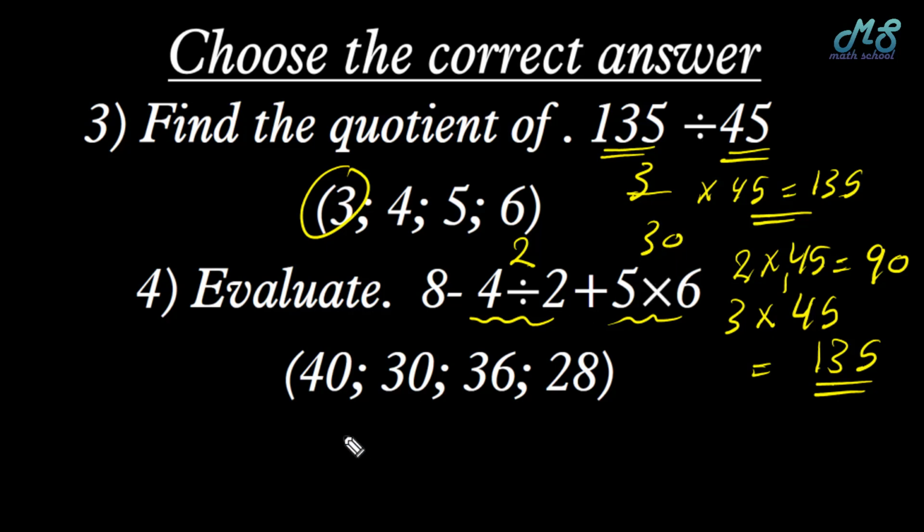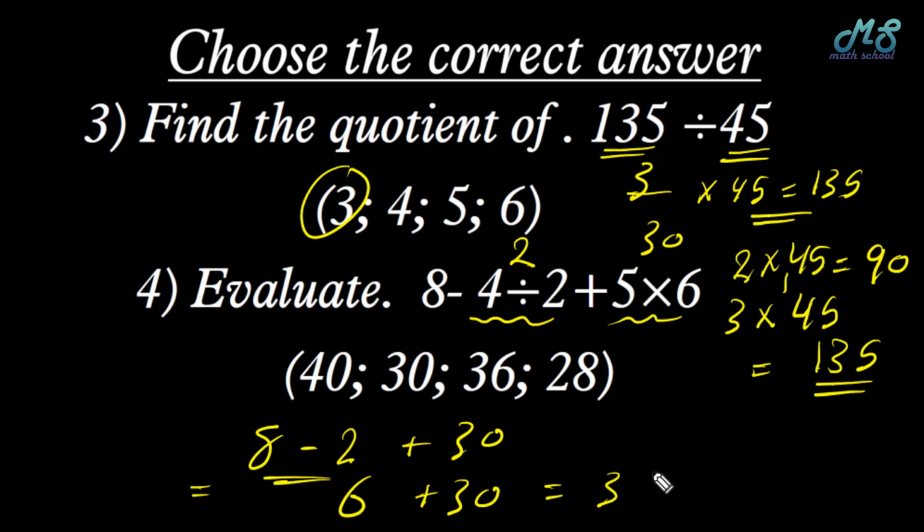Now we can write the sentence as 8 minus 2 plus 30. First, mister, we will subtract. 8 minus 2 equals what? Equals 6. Now 6 plus 30 equals 36.